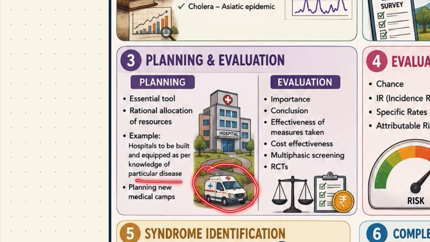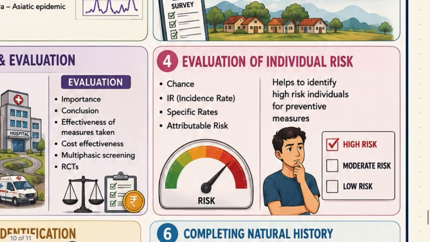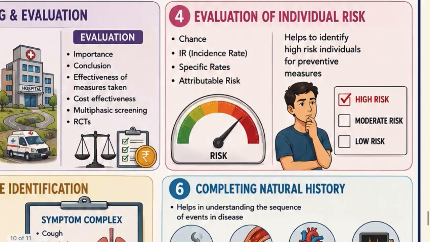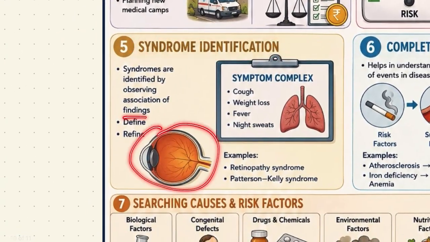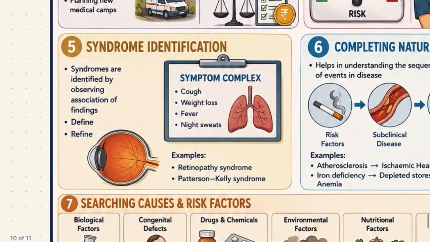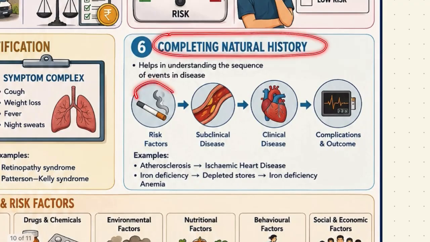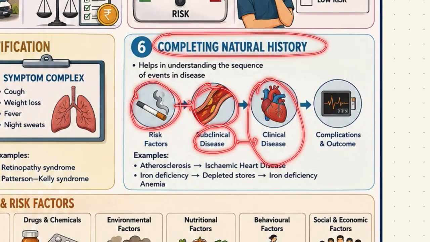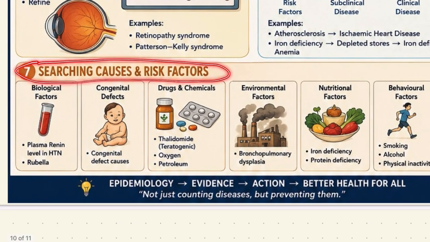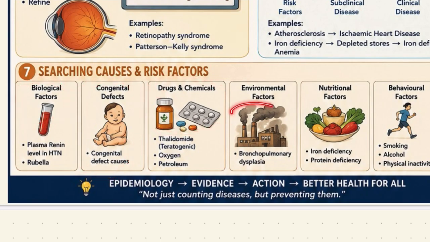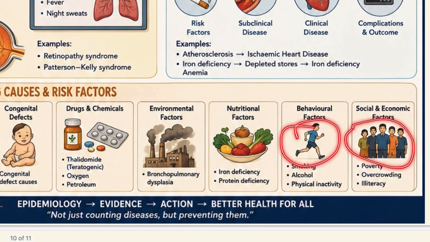For allocating resources, epidemiology is important. Then evaluation of individual risk. What is the incidence rate, specific rates, whether the individual is at high risk or not. Syndrome identification में भी ये बहुत help करता है. Then completing the natural history of disease, how the disease is progressing. For finding the risk factors, biological, congenital, environmental, nutritional.